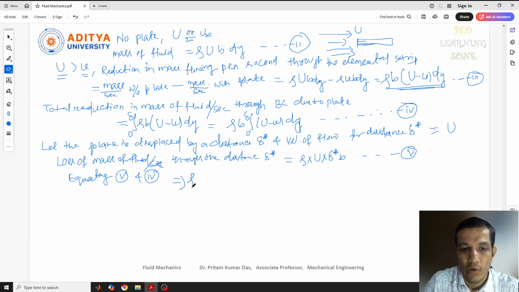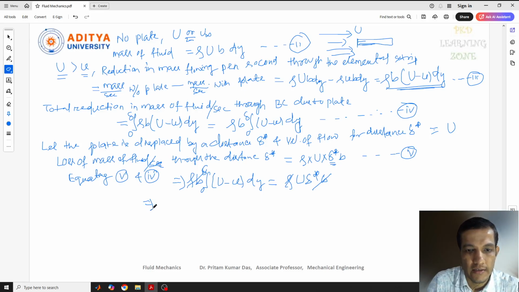Just write this equation: rho B integration 0 to delta, capital U minus small u dy, and this is equal to rho U delta star into B, because I need to find out the displacement thickness here. Now on both sides I can cancel rho B and rho B. After cancelling this, we can write integration 0 to delta, capital U minus small u dy, equal to capital U delta star.